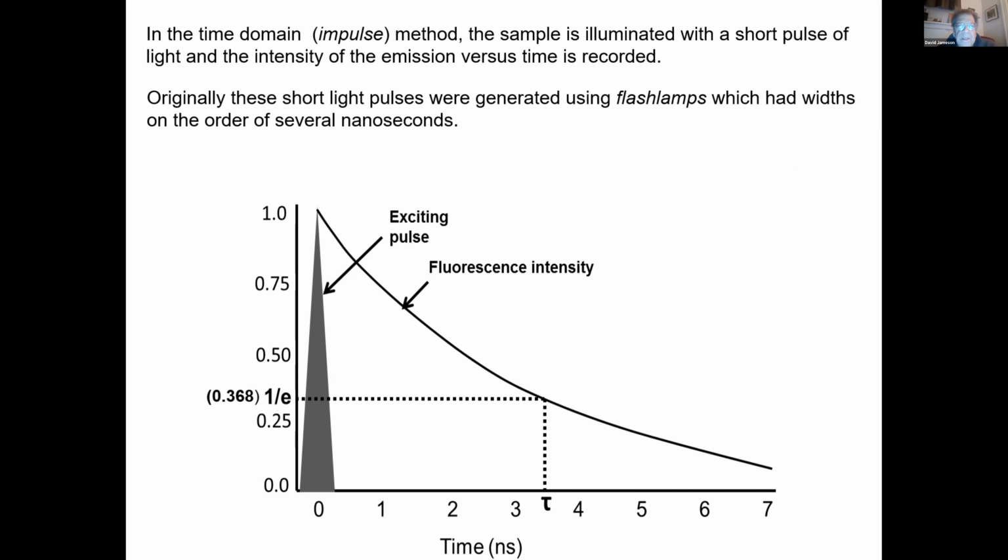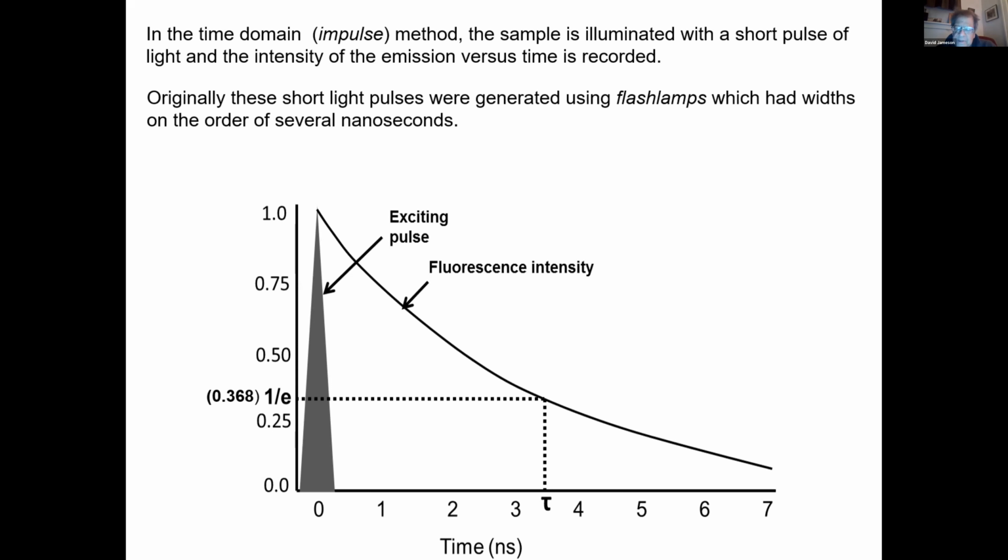Now, let me say, originally, these short pulses were generated with flash lamps, which had widths of several nanoseconds. And that really made it complicated when the lifetime was short enough that you had to worry about the distortion of the curve by the flash lamp. And you had to, we call it, deconvolve the intensity decay from the flash lamp pulse.